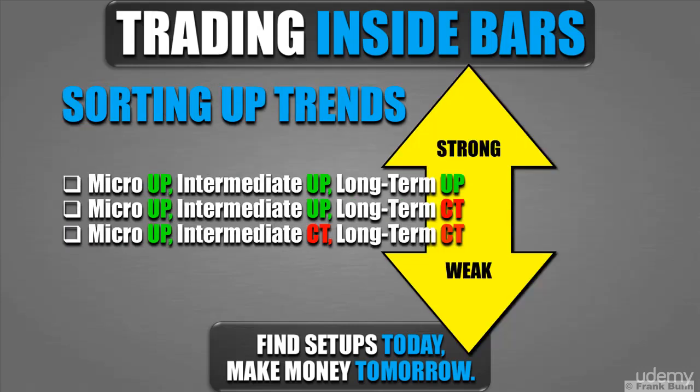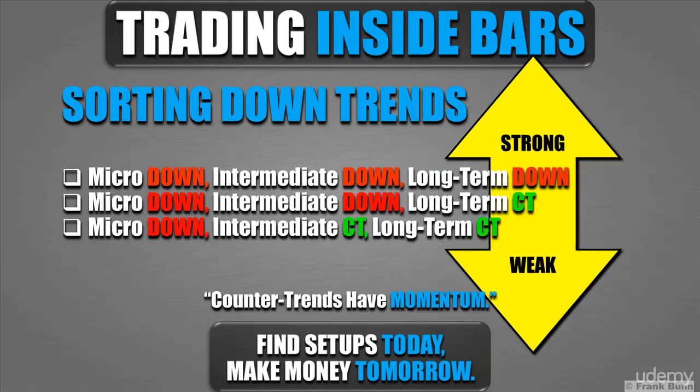Sorting trends is easy. For uptrends, we would first begin with the strongest trends demonstrating the micro, intermediate, and long-term uptrends with momentum, followed by the micro uptrend, intermediate uptrend, and long-term countertrend. And lastly, the micro uptrend, intermediate countertrend, and long-term countertrend would be the weakest of the three. Sorting downtrends is just the opposite.